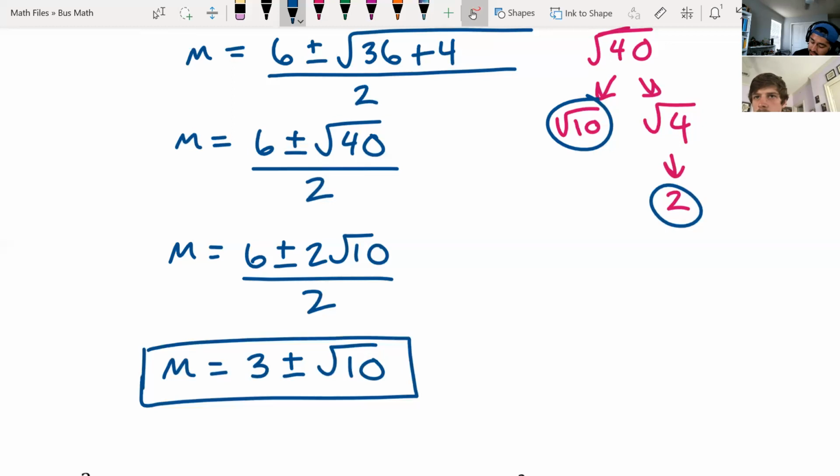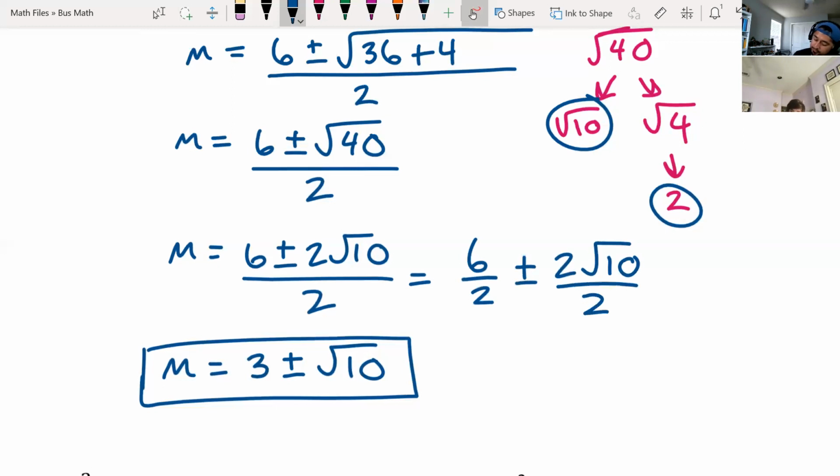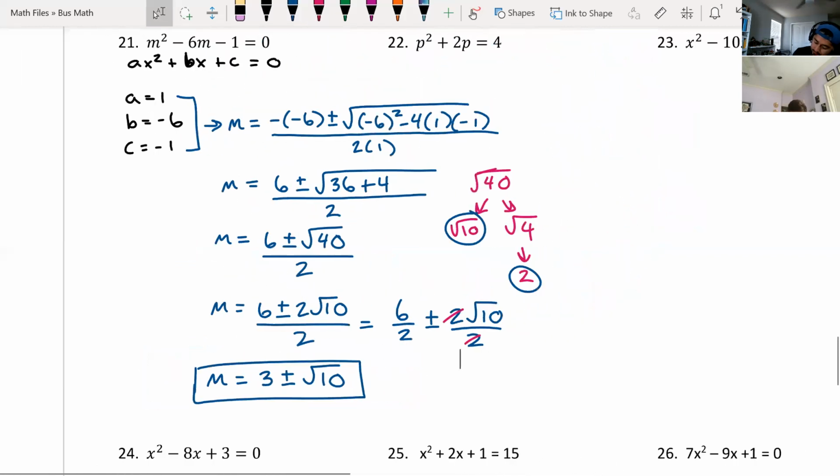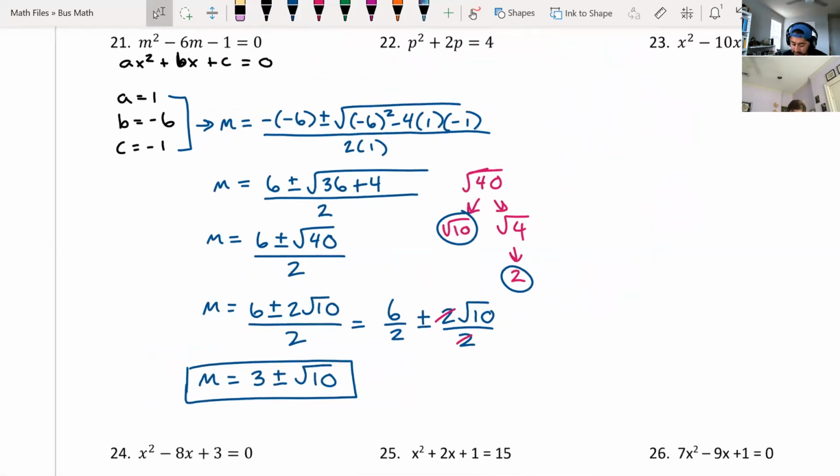And again, to show you that work, I can split this into two fractions, 6 over 2 plus or minus 2 square root 10 over 2. And here, your 2's would cancel, and 6 over 2 becomes 3. I'll leave that up. That's the quadratic formula, guys. Yeehaw.